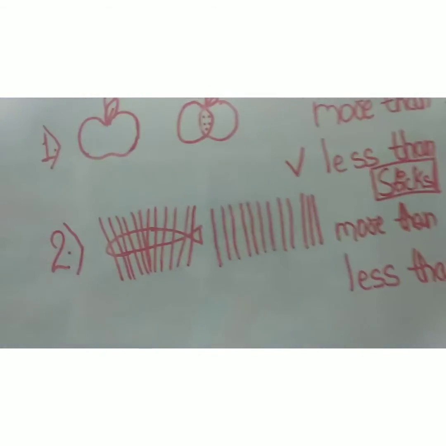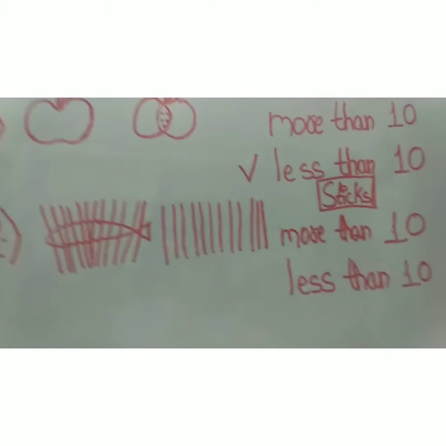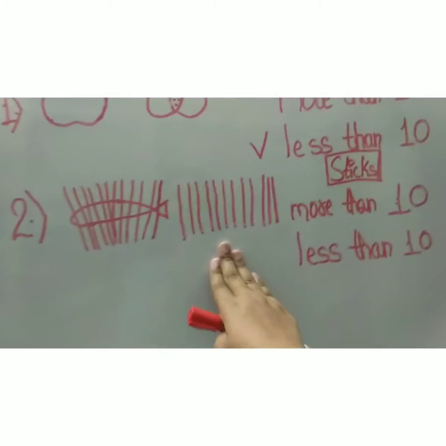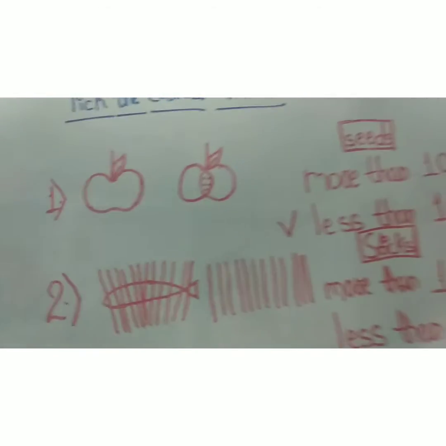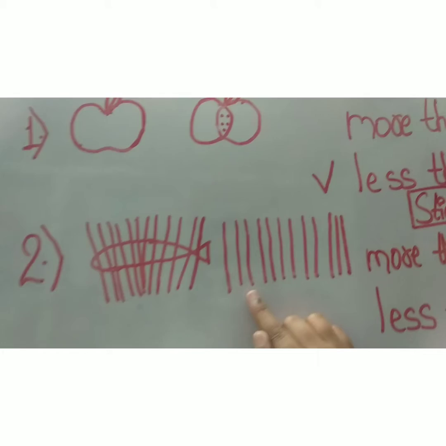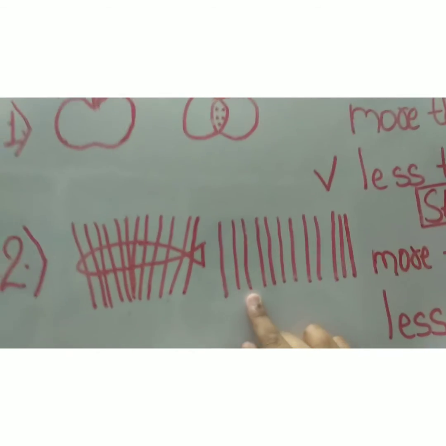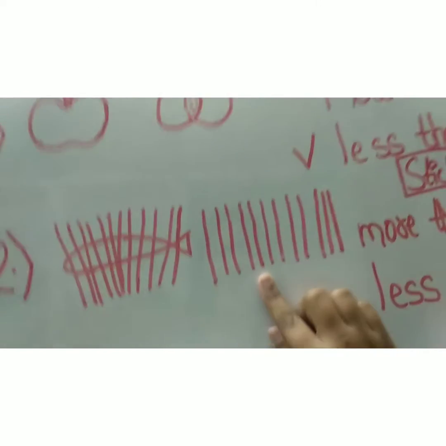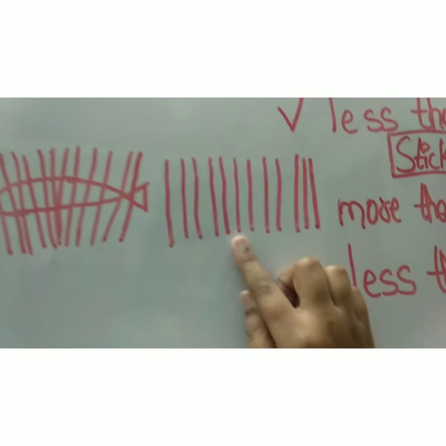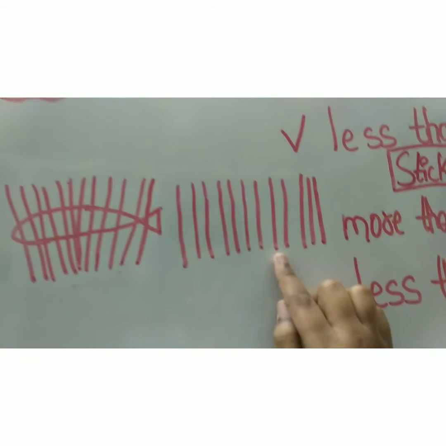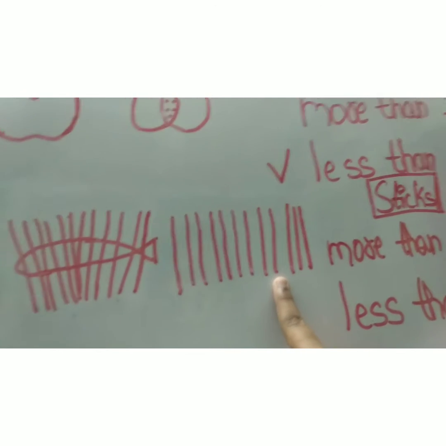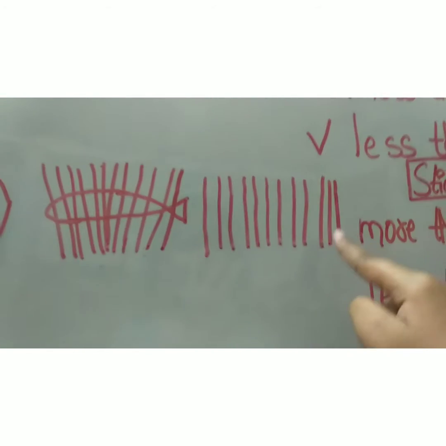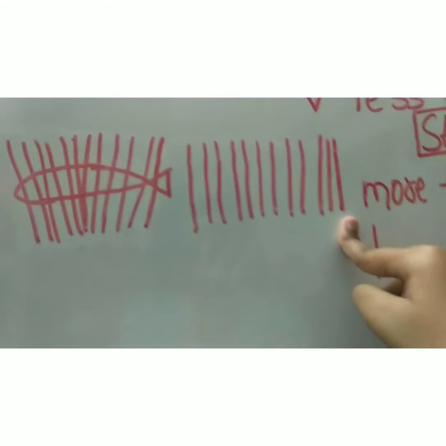Next one. Sticks. This is a bundle of sticks. So now let us find out how many sticks are in the bundle. Let us count. 1, 2, 3, 4, 5, 6, 7, 8, 9, 10, 11 and 12.